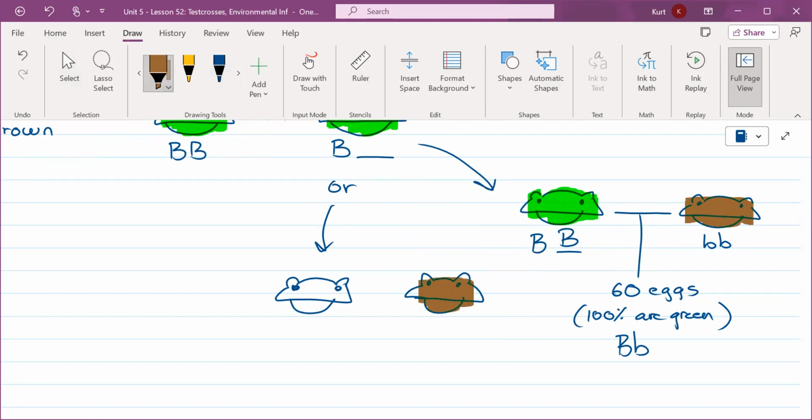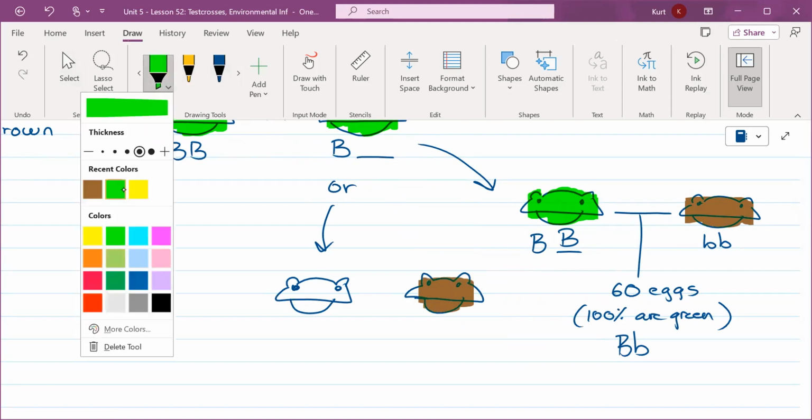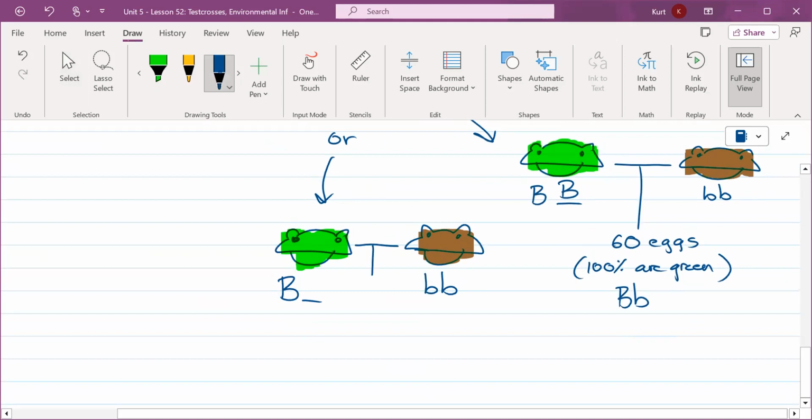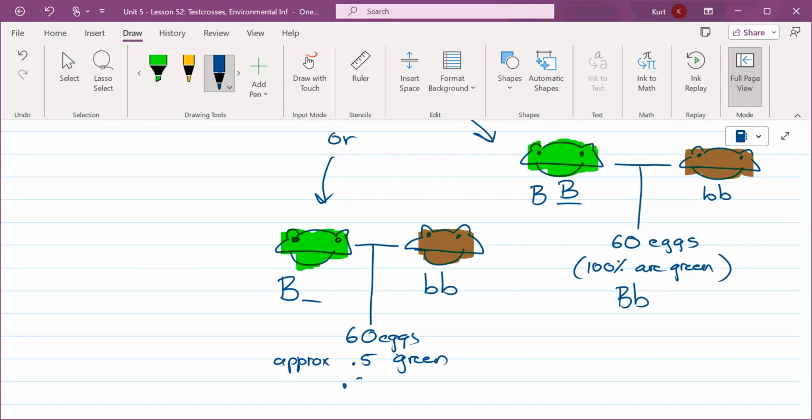On the other hand, guys, here's option 2. Here's my brown one. Here's my green one. Green, I know it has one dominant allele. I don't know what the other one is. I'm going to cross these two, and I get 60 eggs. And I have approximately 50% green, 50% brown.